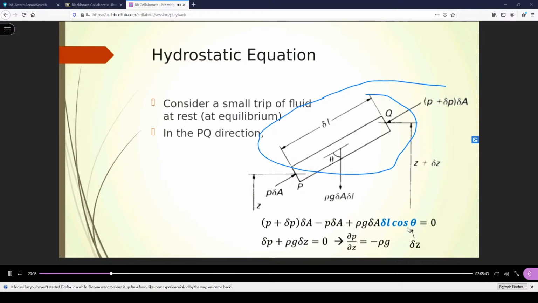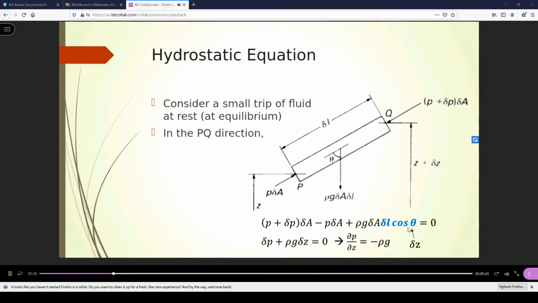It's not moving, so no matter which direction you look at, the total force will be 0, right? We arbitrarily choose the PQ direction, which is supposed to be easy to understand. Why don't we choose this other direction? After that you have to do quite a lot of things. So we just look at a particular direction, PQ, which is a very easy way to show you the principle, right?